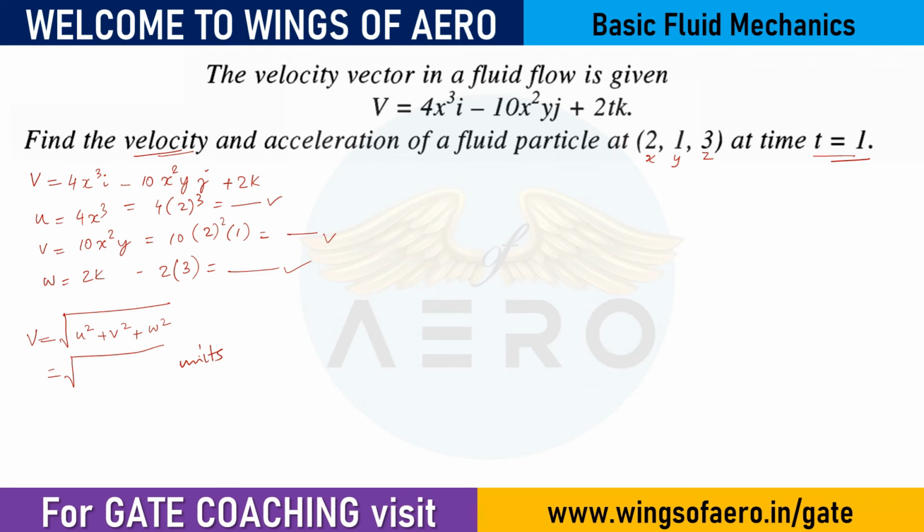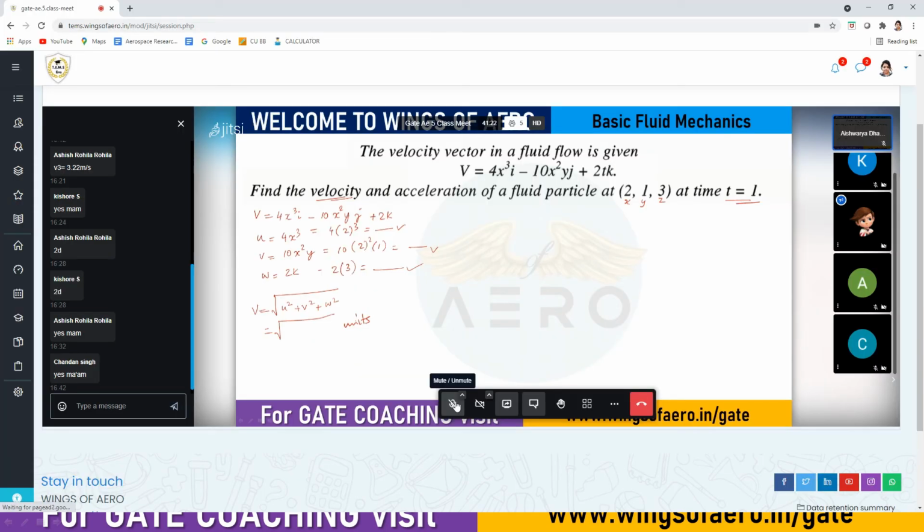Now find out and tell me the answer. Ma'am, that 3 is the z value, no ma'am? The z value is 2tk, right? 2tk, and t has been given as 1. But here it is 2 into 3. Yes, that 3 I have given for k.